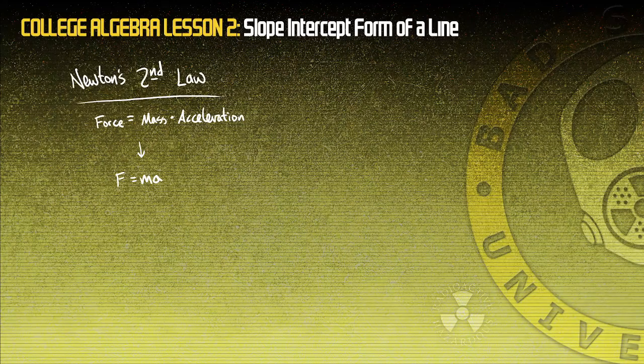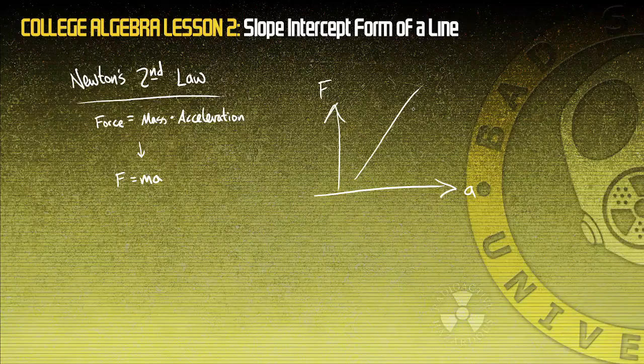So an example of where you'll see this form of an equation is in Newton's second law, which is force equals mass times acceleration, or F equals ma. So you can see that force and acceleration have a linear relationship. So if you're trying to plot force versus acceleration, you're going to get a straight line, and the slope of that line is actually going to give you the mass.